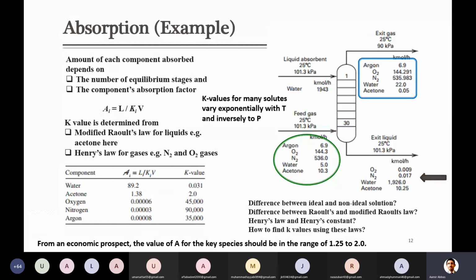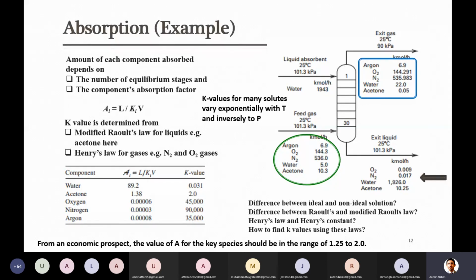So this K value for many solutes varies exponentially with temperature and inversely to the pressure. If you remember Raoult's law, that is something P sat over P. Is that the equation for Raoult's law? Yes, this is.